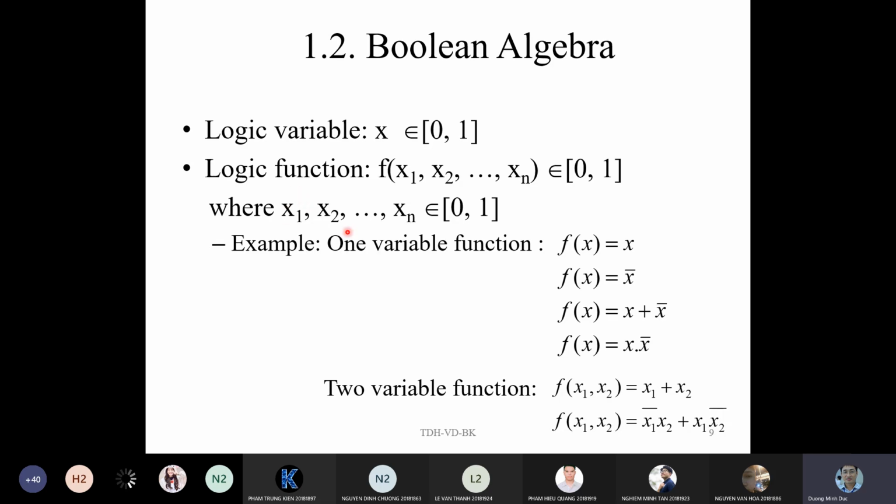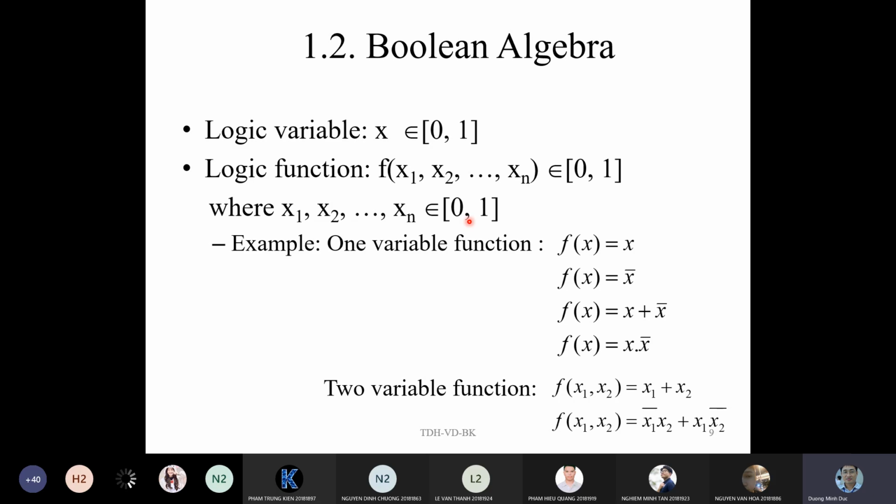So this is the first condition. A function is called a logical function if all its variables are logical variables. So 0 and 1 here are the logical symbols. So all the arguments, the variables, are logical variables, and the value of the function is also a logical value.